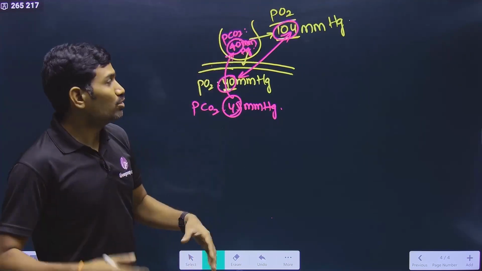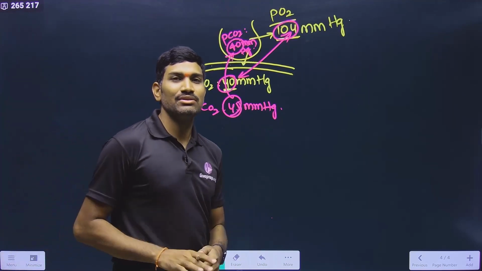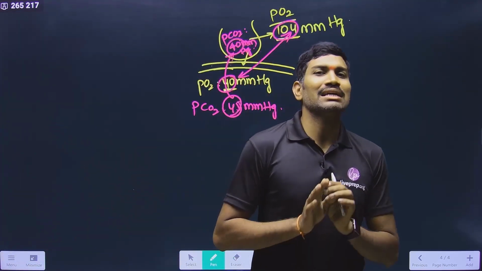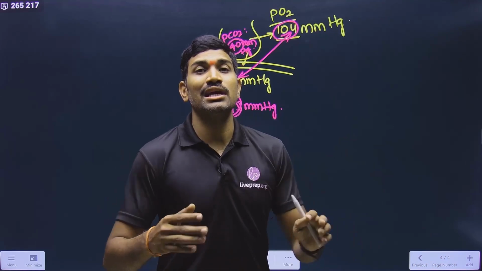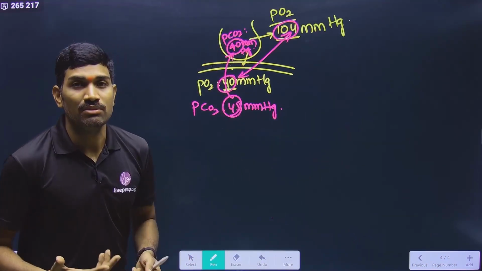So you may think that more oxygen is coming, less CO2 is going. But if you observe this technically, almost, I am not saying exactly equal, almost the same quantity of gases are exchanged here. How is this possible?